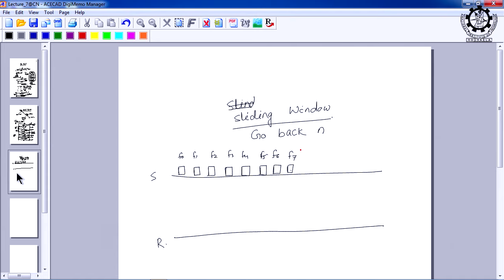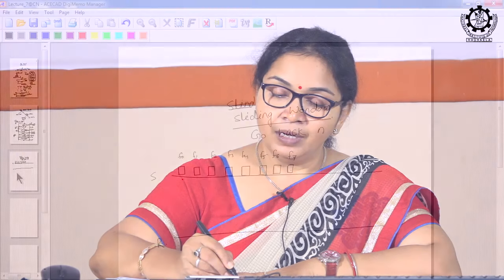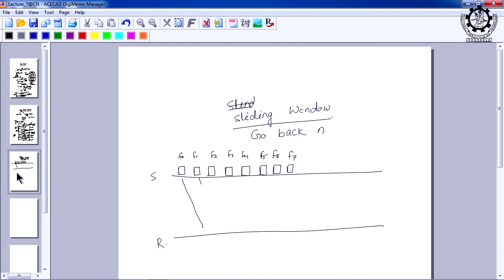What we see is, within a single window, when the transmission of frames takes place, how the error is handled. So, now let us say F0, F1 and F2 are transmitted. Arrival of F0 is a success, arrival of F1 is a success and arrival of F2 is an error. That means there is an error here, right.